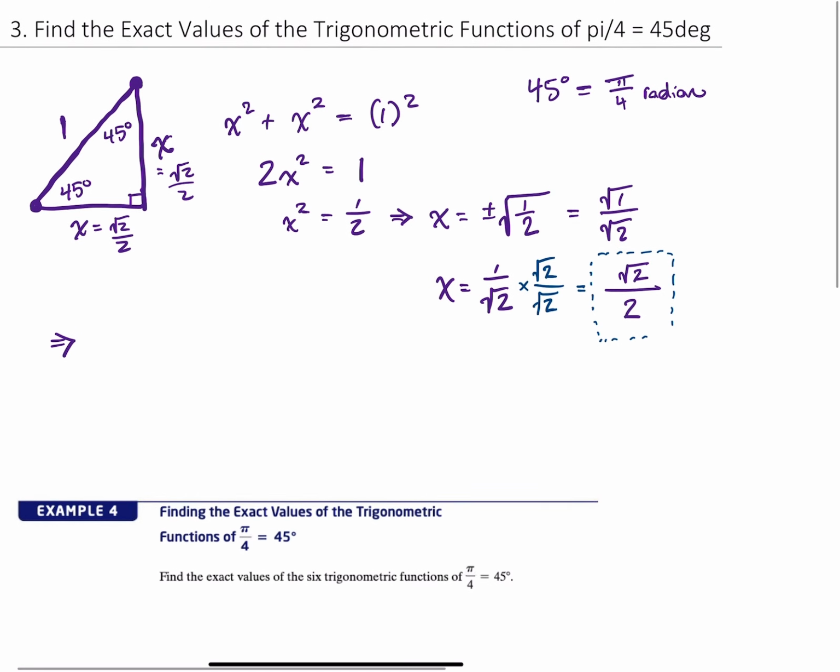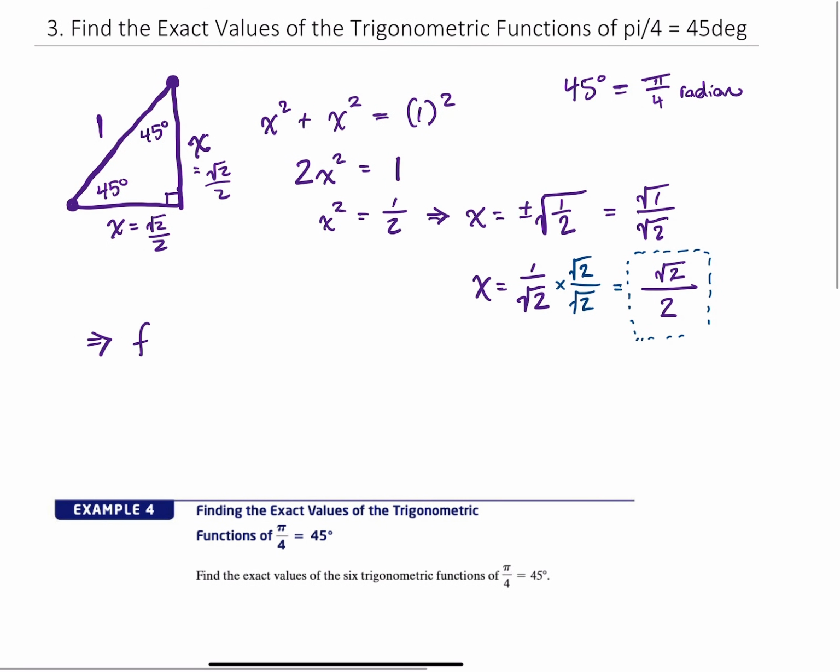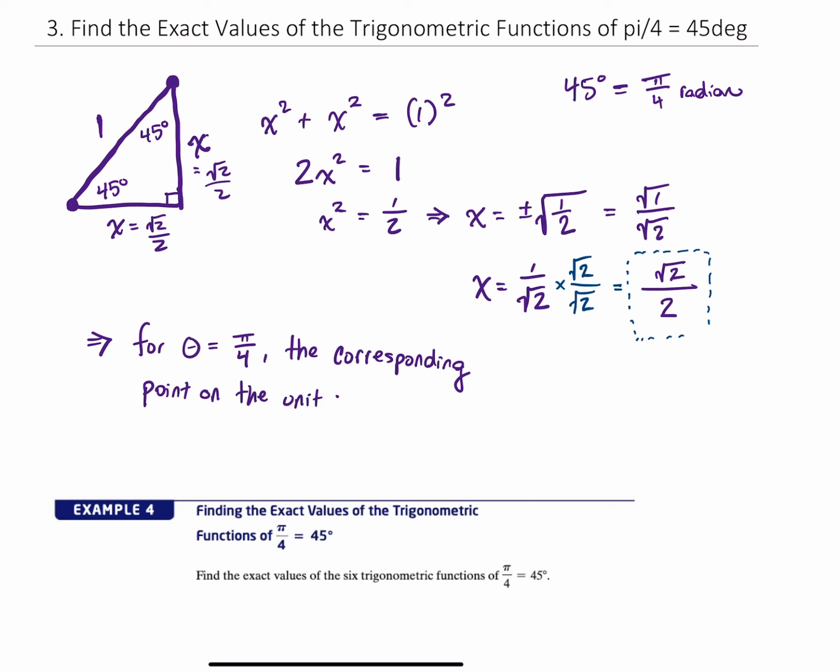We can say for theta equal to pi over 4, the corresponding point on the unit circle is root 2 over 2, root 2 over 2, because that will be this distance here and this distance here.